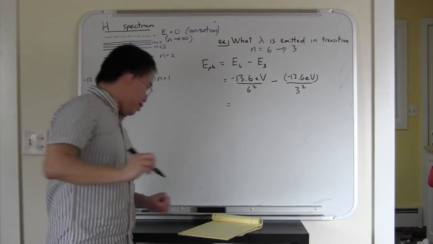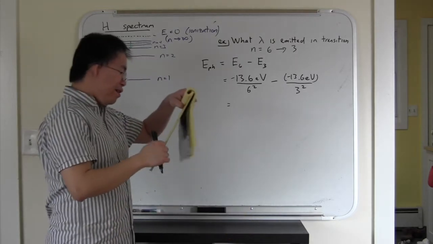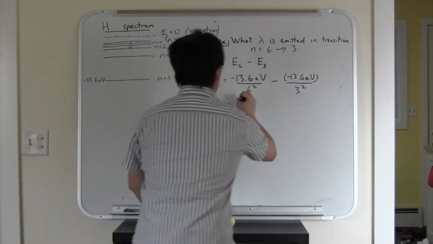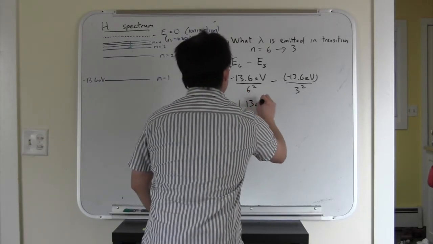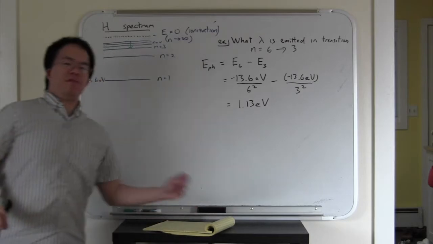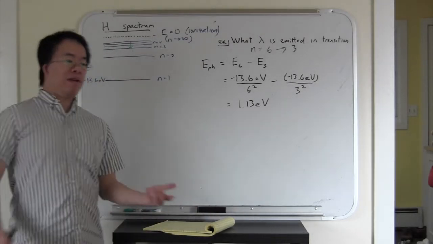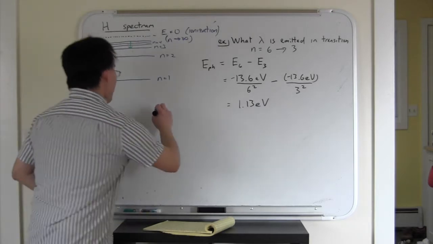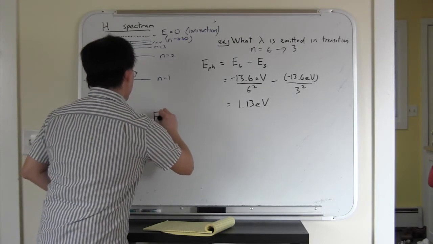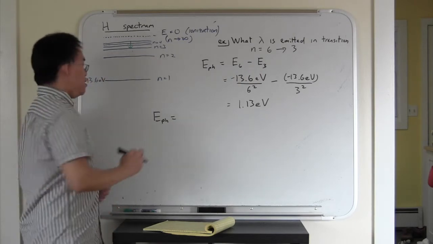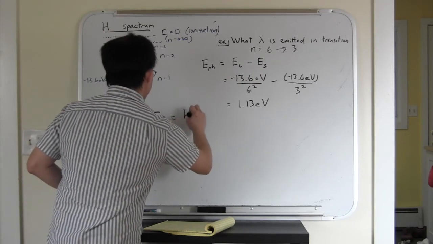And if you plug the numbers in for that, what I get is about 1.13 electron volts. Now, you can convert this photon energy into a wavelength, because you know that the energy of a photon goes like hc over lambda.